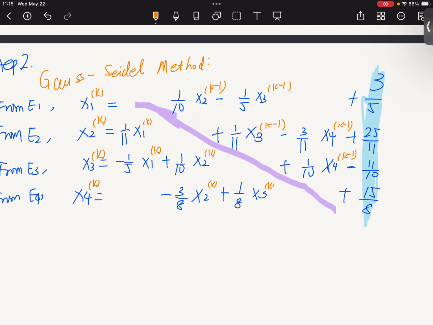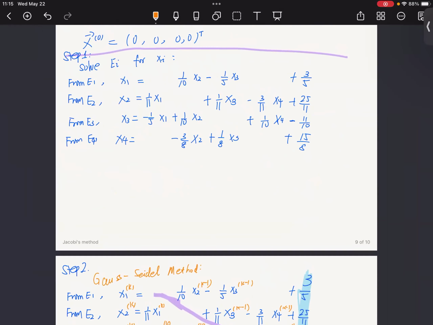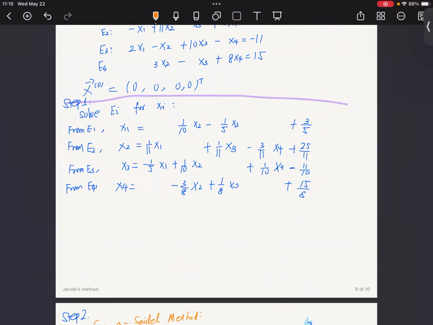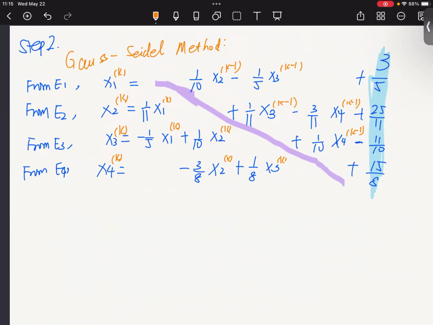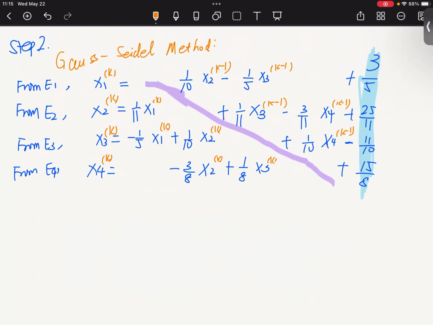Once again, we start from the initial point. The initial vector is the 0 vector, and we begin with the 0 vector. Now we have x1. That's super interesting, because if you look here, let's do some calculation.